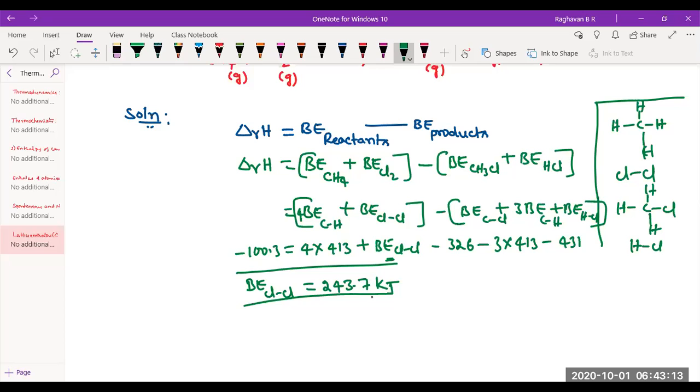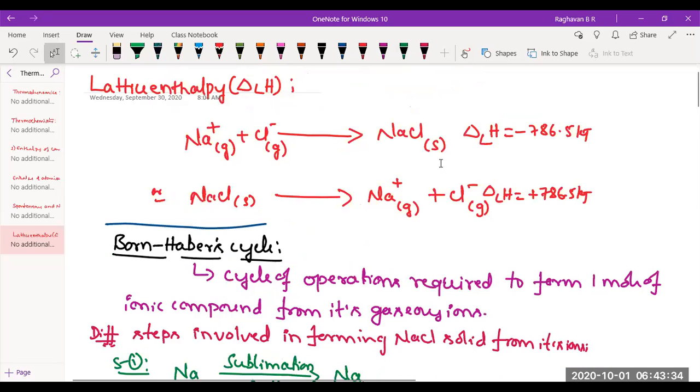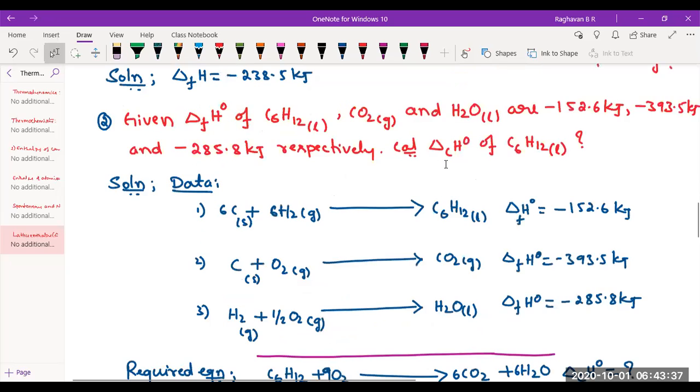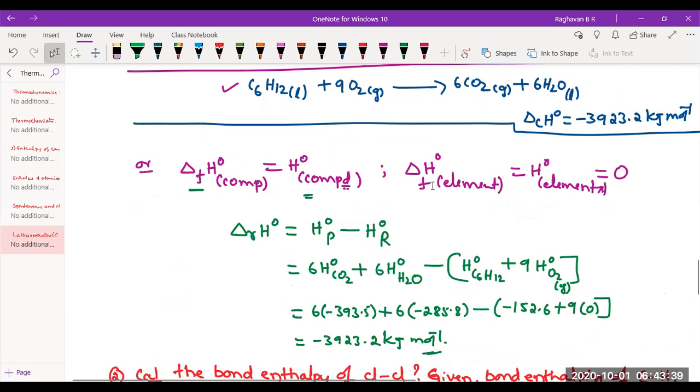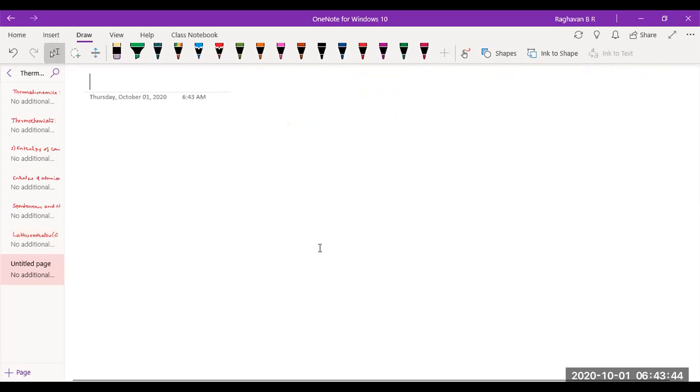Rest similar in Hess's law based problems and bond enthalpy calculations, and based on spontaneity and non-spontaneity, Gibbs-Helmholtz equation. Okay, these are all the things which we need to look at when it comes to MCQs in competitive exams. Okay, we shall proceed. You want me to write the formula? We'll take up MCQs now.